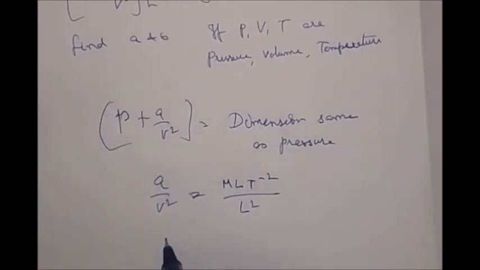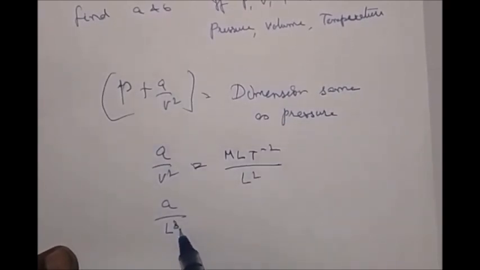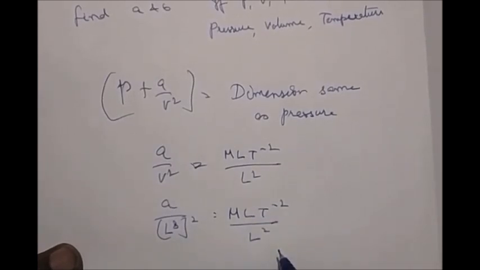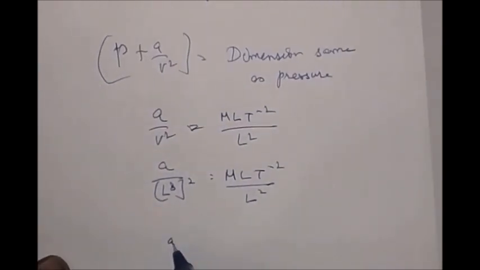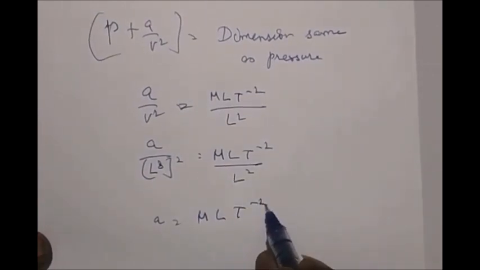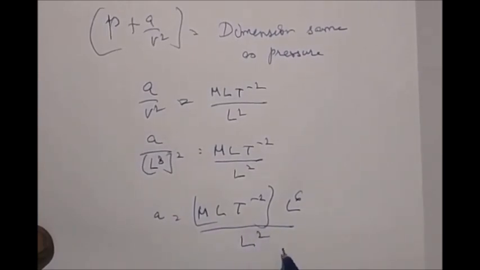So A upon V square, what is this V? It is going to be L cube because it's volume. Volume whole square is equal to m L T minus 2 upon L2. So what is A equal to? This whole quantity goes up, L cube whole square becomes L6. So once it goes up here, A equals m L T minus 2 times L6 upon L2.